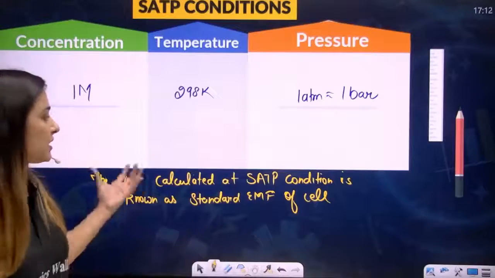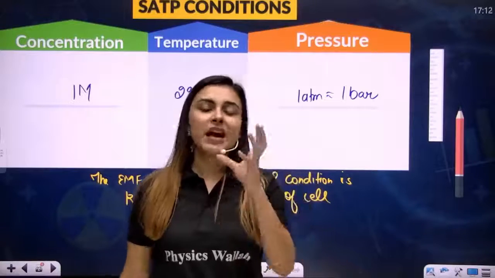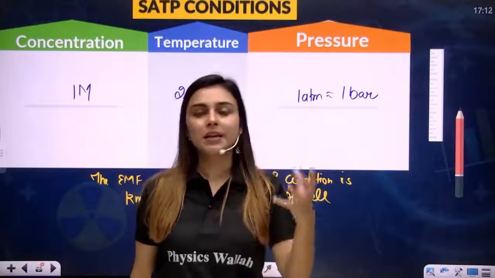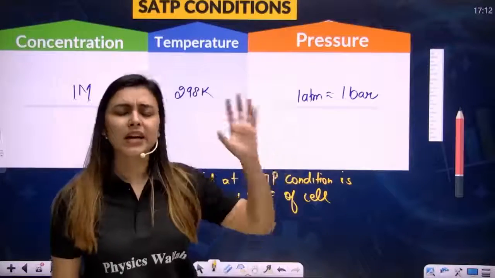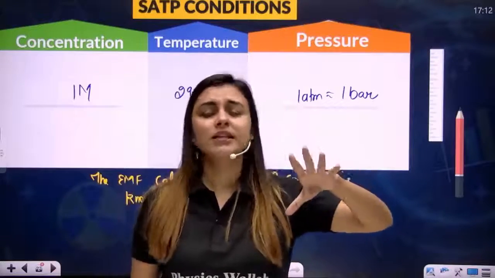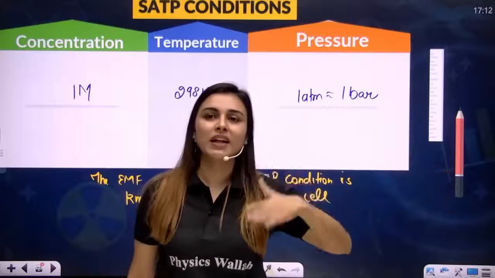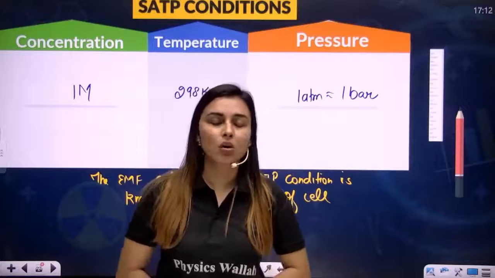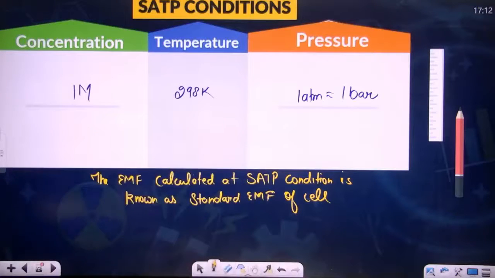This is what is known by the SATP conditions. SATP stands for standard ambient temperature and pressure. You just need to know that at fixed temperature and pressure conditions, they calculated the standard EMF of all the cells, and on the basis of that, they characterized all the cells. If you want to write it, you can write it, and then we'll move forward.